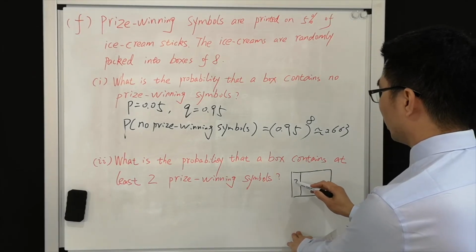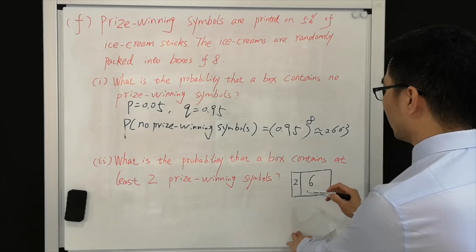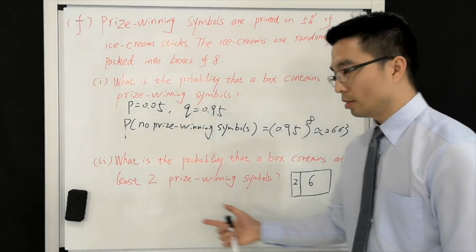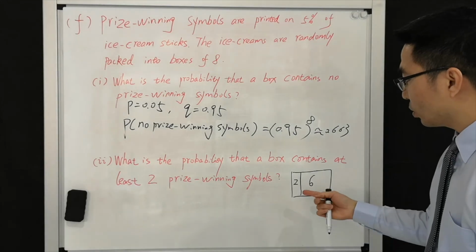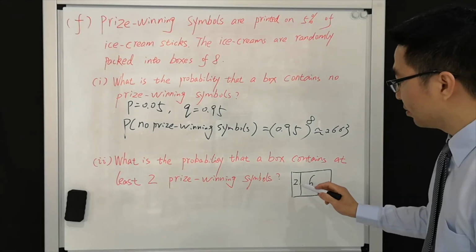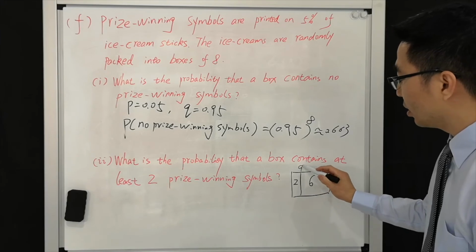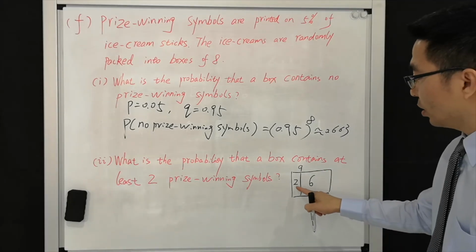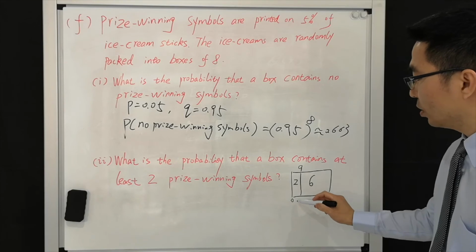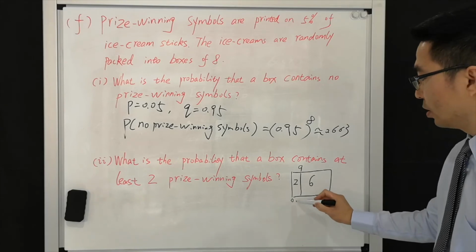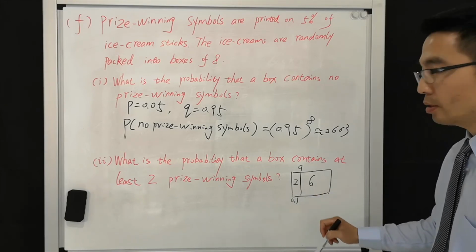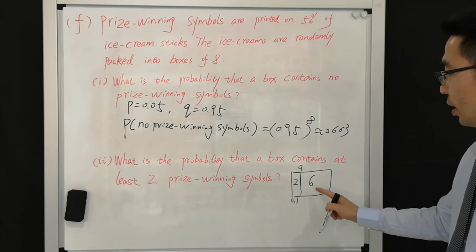There are totally 9 possible outcomes. Here will be 0, no winning symbols at all, and only one winning symbol.